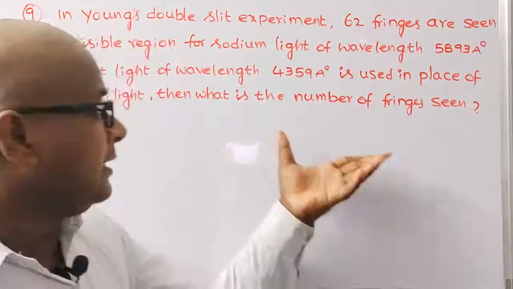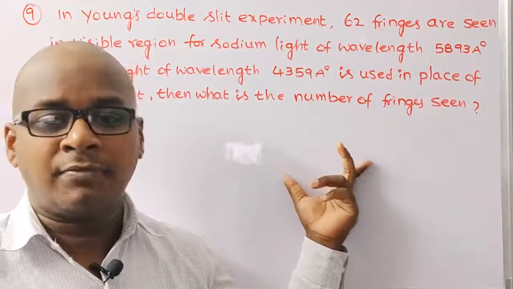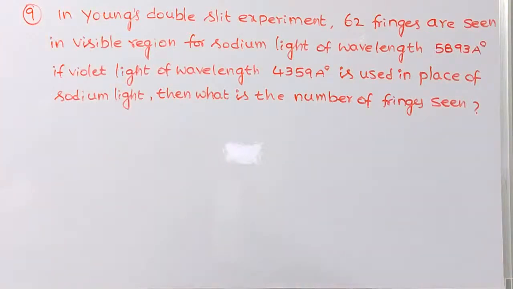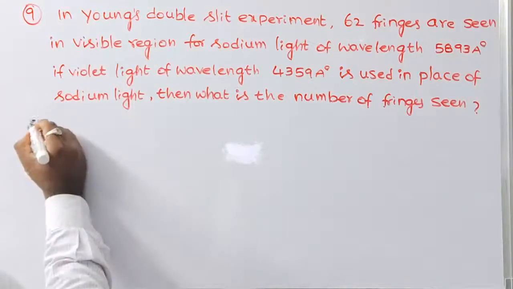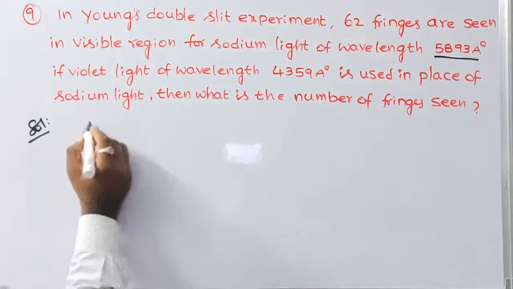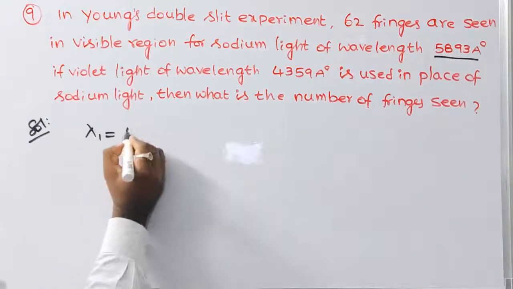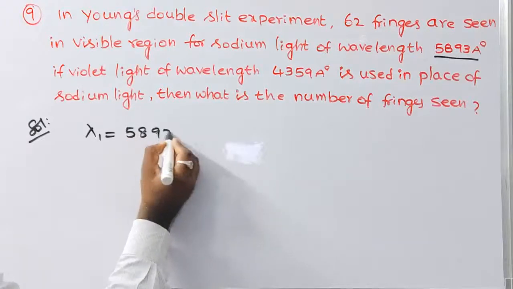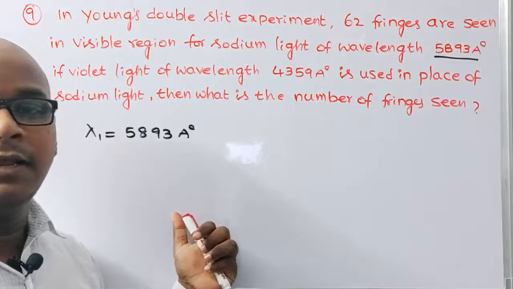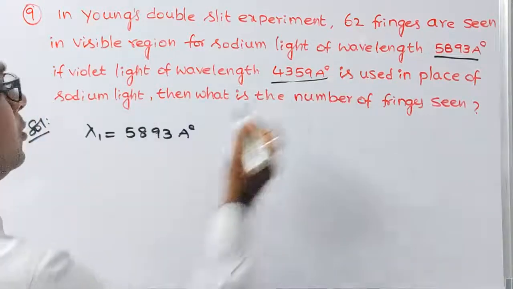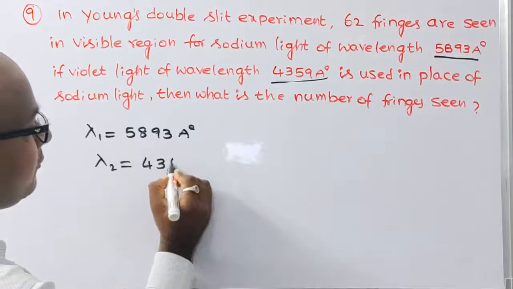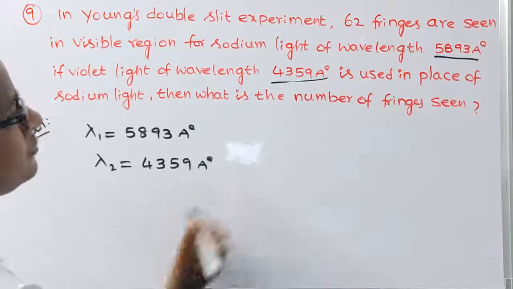According to this question from Young's double slit experiment, first write the given data students. Lambda 1 is equal to 5893 angstrom. Next, lambda 2 is equal to 4359 angstrom.